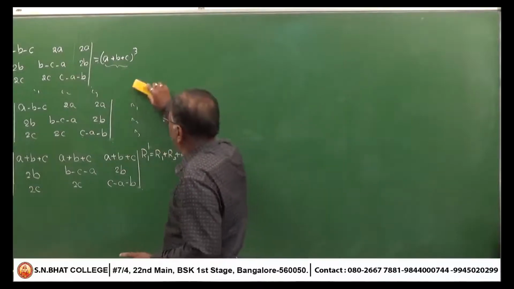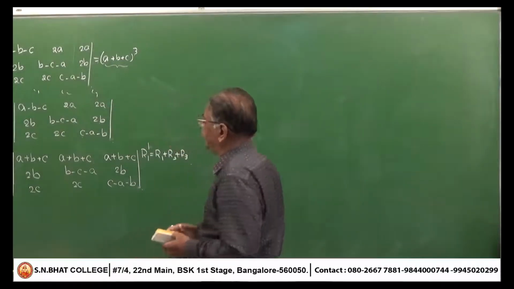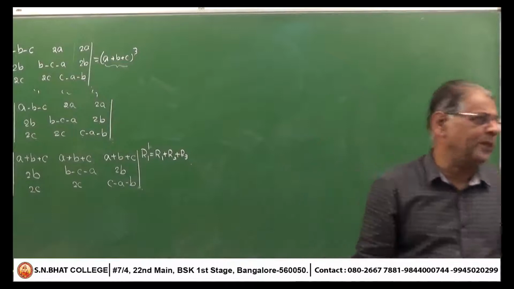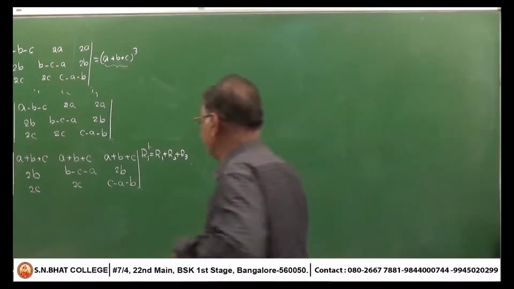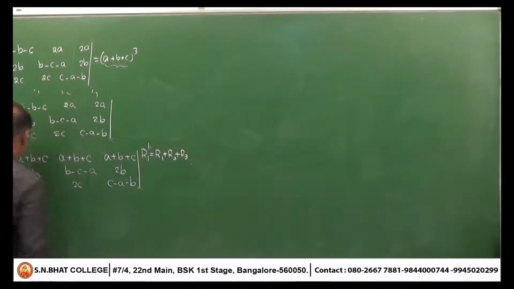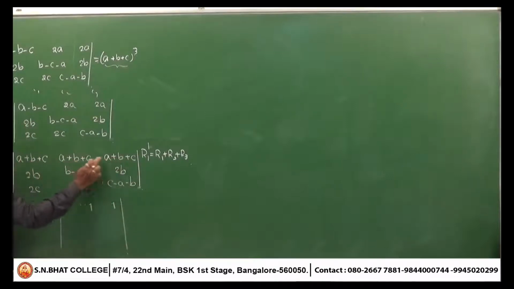In the next step, the common factor in the first row is a plus b plus c. You are left with 1, 1, 1. I have taken a plus b plus c as a common factor from the first row.